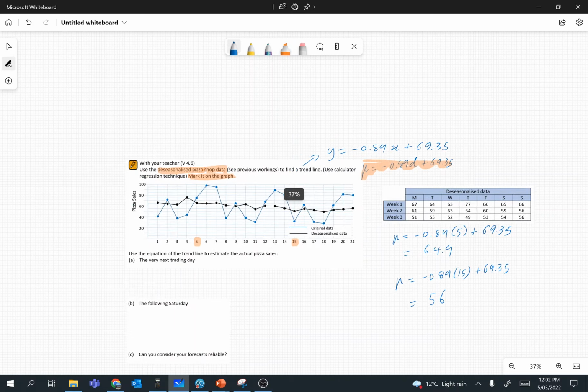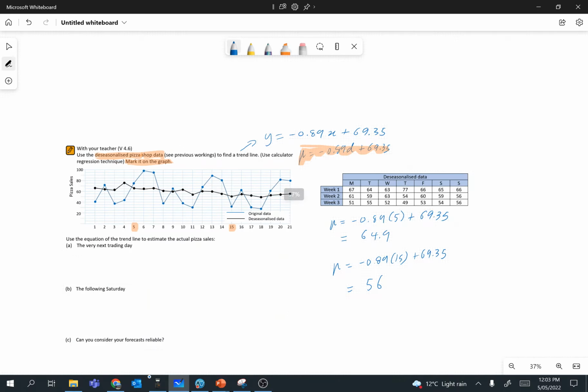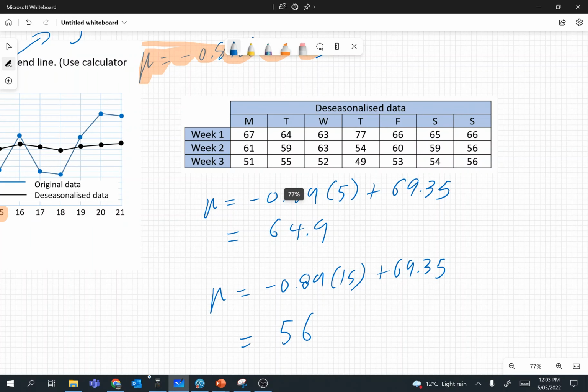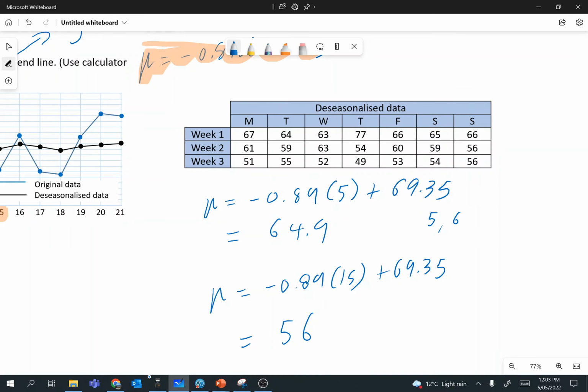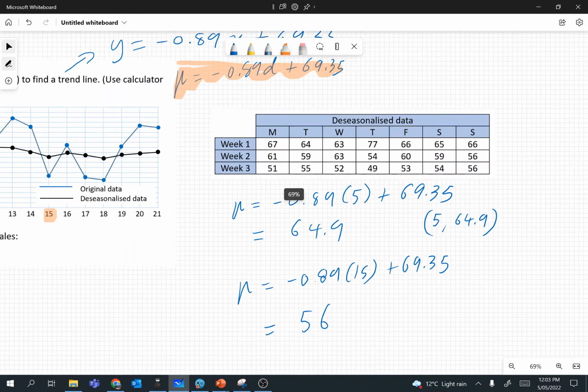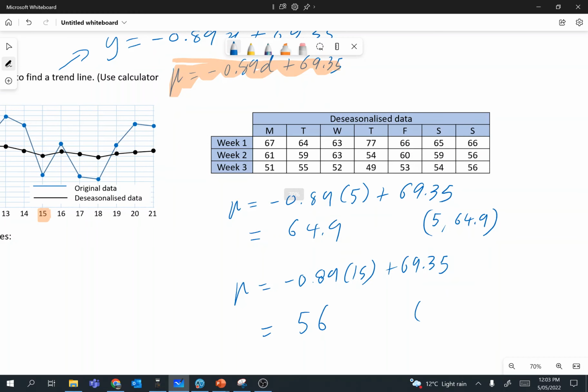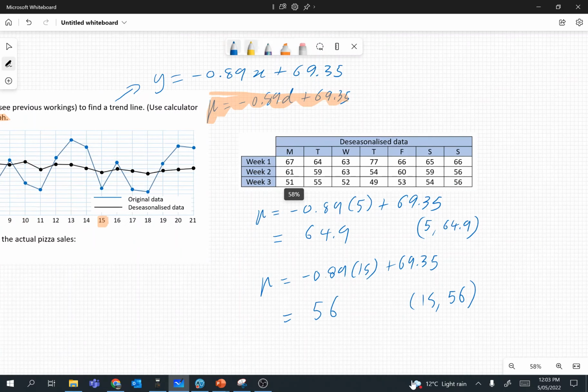So the two coordinate points are 5 and 64.9, and 15 and 56. I'm going to mark those with red now.